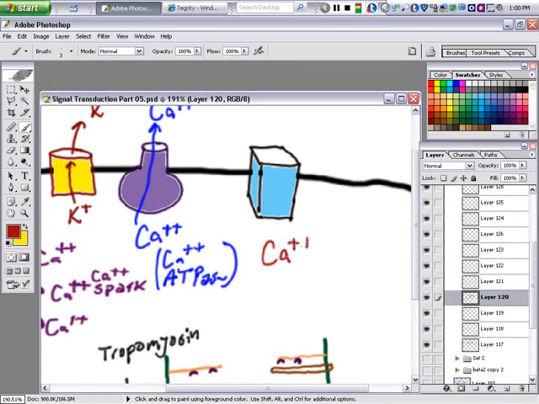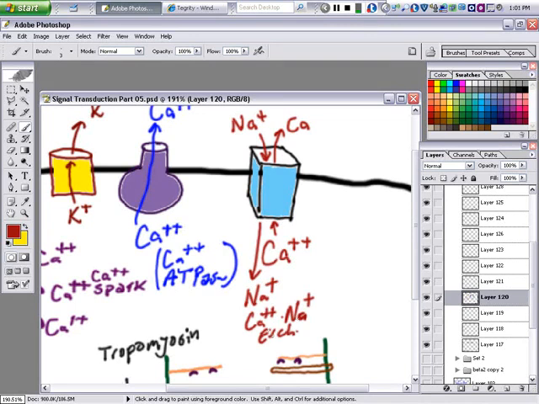Remember, now the heart needs to relax, so we need to get rid of all of this calcium. But it's going to do two things. It's going to push calcium out, and it's going to do something that's kind of stupid. It's going to also bring sodium in. So we call this the calcium sodium exchanger. So it pumps calcium out and it brings sodium in.